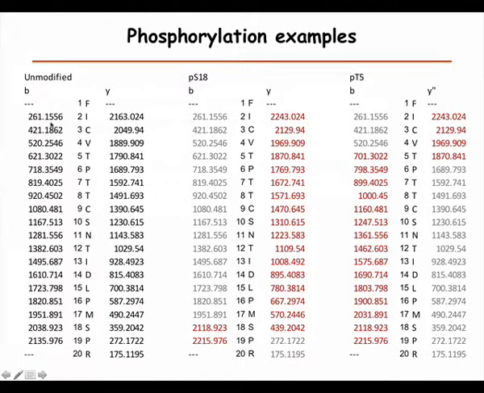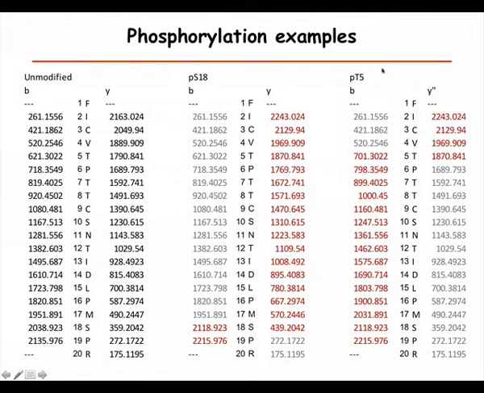In the case where we have a phosphorylation at serine 18, the B ions that include this serine will be shifted by a mass of 80, and also the Y ions that contain the phosphorylated serine will be shifted. The ones that are marked in red here are the ones that will have a shifted mass.